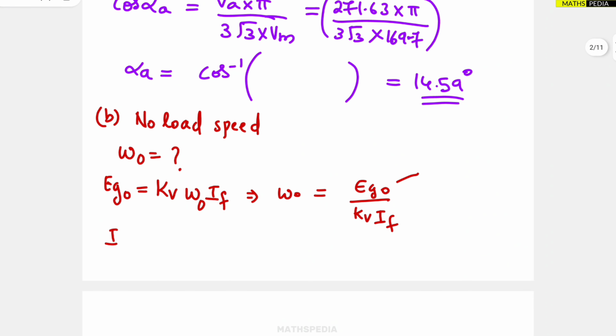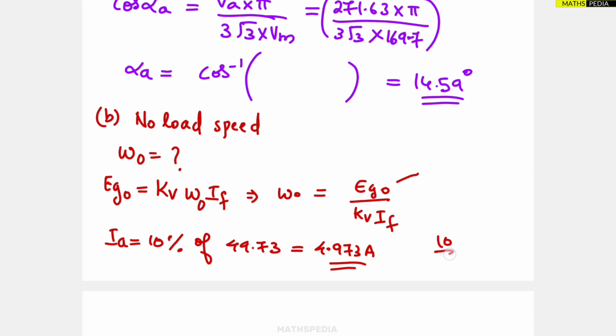So IA becomes 10% of 49.73, which is equal to 4.973 amperes. Simple. 10% means 10 by 100, so the 10s cancel and the decimal point just shifts. That's all. So IA we got.